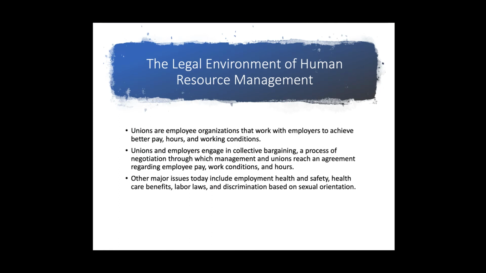You can see here unions are employee organizations that work with employers to achieve better pay, better hours, and better working conditions. Unions and employers engage in collective bargaining, a process of negotiation through which representatives of management and representatives from the union reach an agreement regarding pay, working conditions, hours, and those other things.